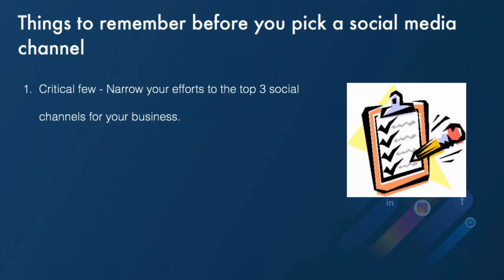First, narrow your efforts to the top 3 social channels for your business. Know that there are a few social media channels which will not work for you and your business. There are a few social media channels where with little effort you can get a multitude of results which is not possible in other channels. So picking the right one is very important.